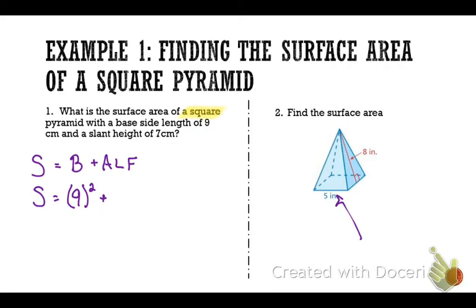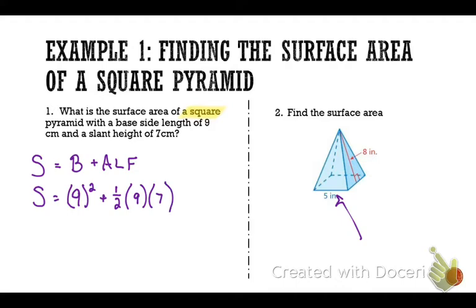It's a triangle. So I need to find the area of a triangle. So 1/2, the base of my triangle is going to be the side length of my base, so 9, times 7, which is the slant height of my triangle.